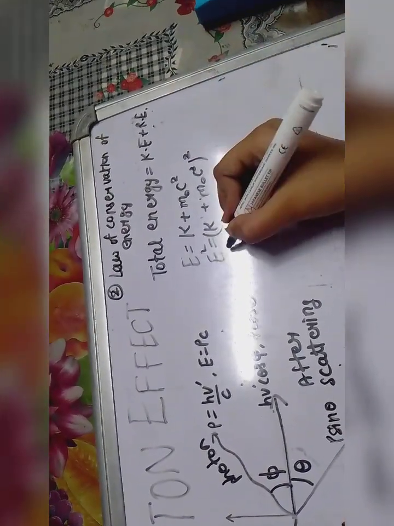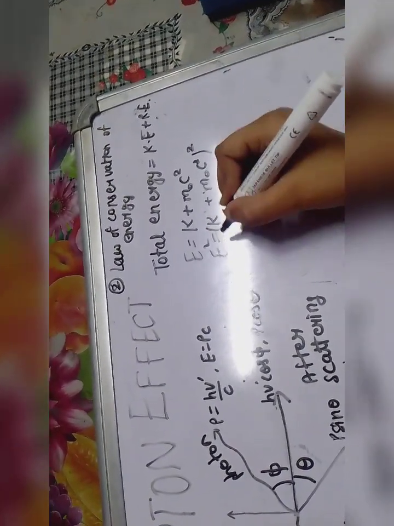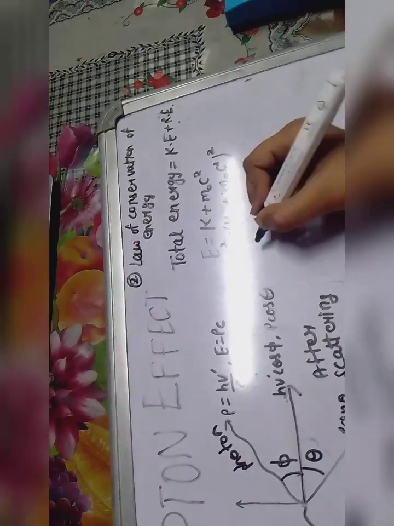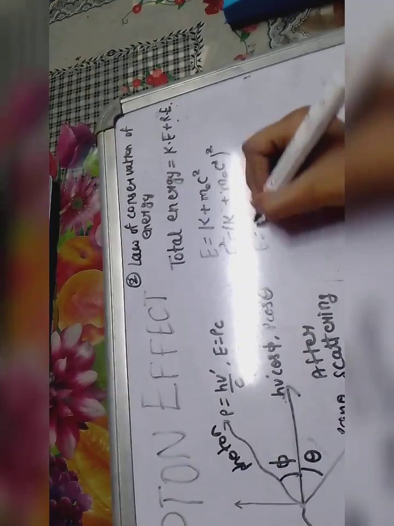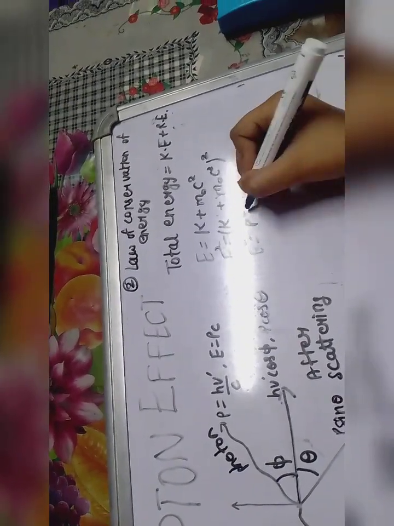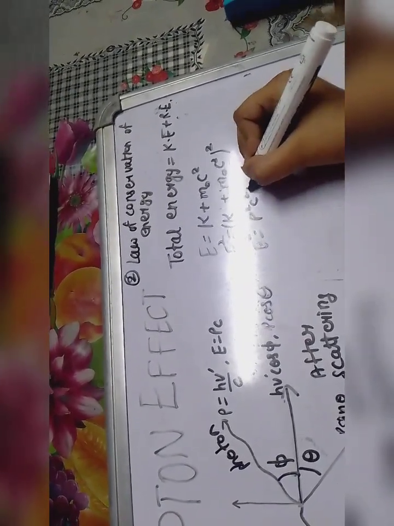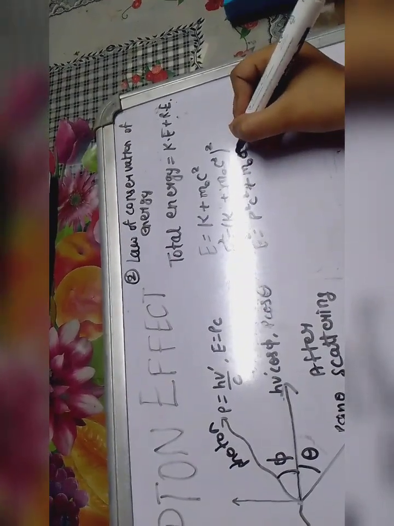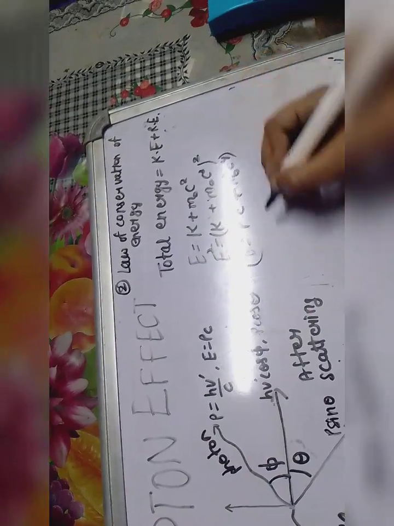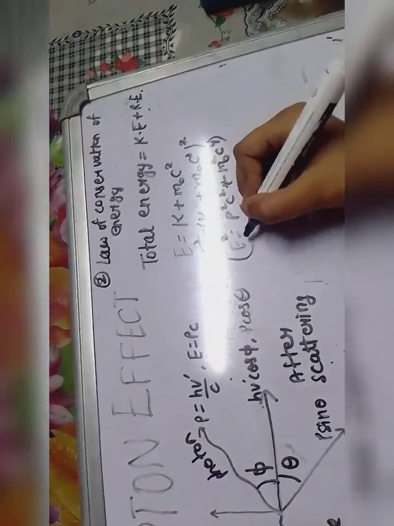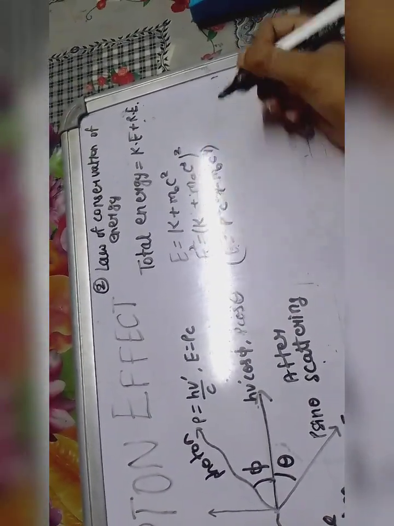Here E is the relativistic energy, and this is the formula of energy: E square is equal to p square c square plus m naught square c power 4. I am putting the value of this E in this equation.